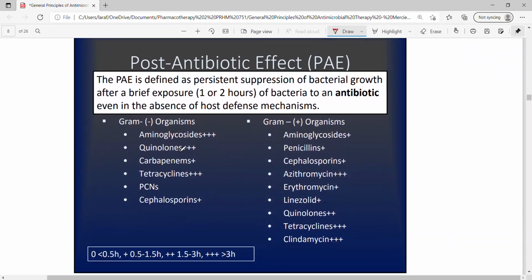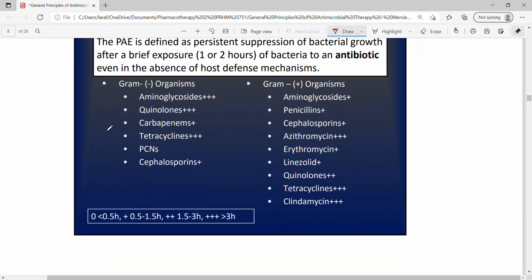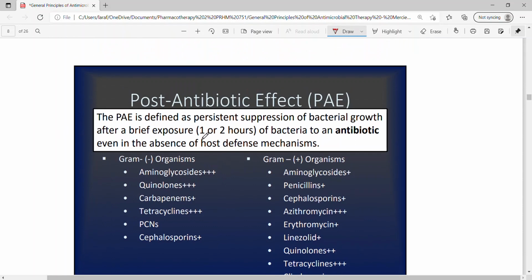So we're going to be talking about the post-antibiotic effect, PAE. I'll give you an example. This is defined as the persistent suppression of bacterial growth after a brief exposure, 1 to 2 hours, of bacteria to antibiotic, even in the absence of host defense mechanisms.